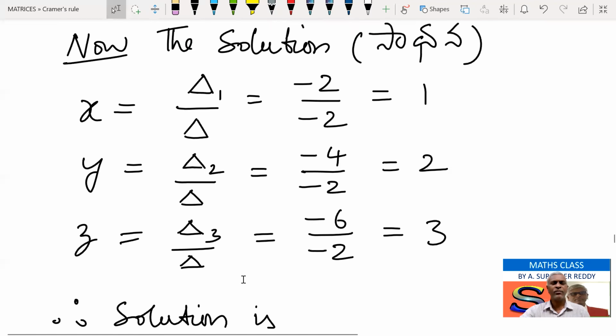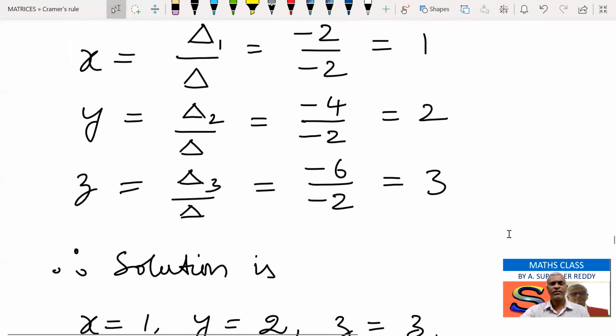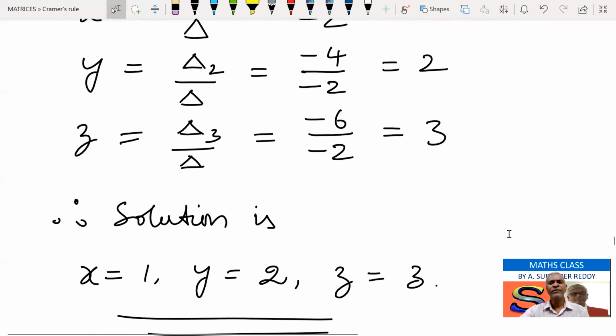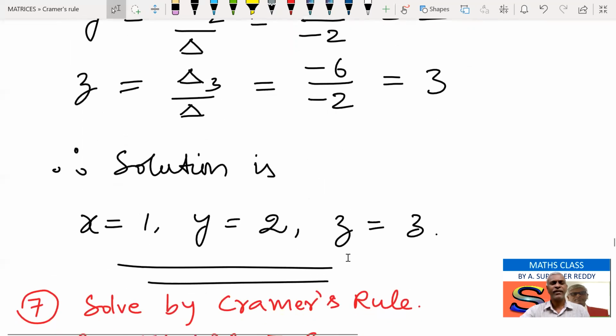Z, delta 3 by delta, minus minus will get cancelled, so 2, 3 is 6. The solution is x value 1, y value 2, z value 3. And in rough, you can check whether the answer is right or wrong by substituting these values x, y, z in any one of the given equations.